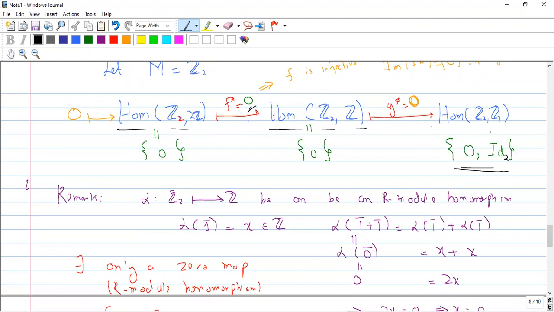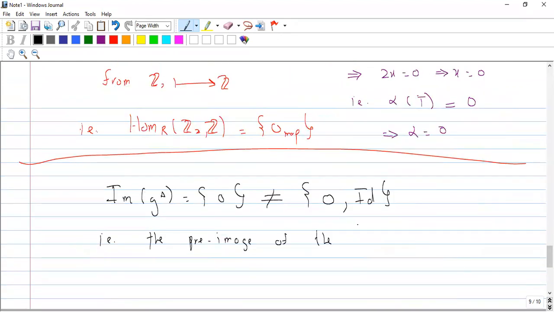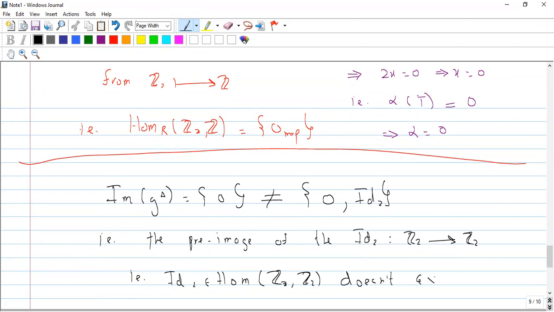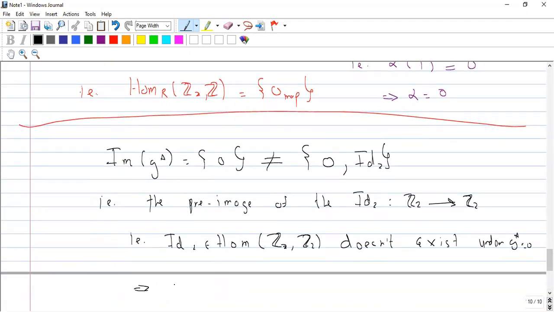So what you can say the pre-image of the, because ये आइडेंटिटी मैप है Z2 के दरमियान, of the identity map which is from C2 to Z2, that is the identity of 2 from home from C2 to C2 doesn't exist under G star, which is a zero map, which implies that G star is not a surjective map.